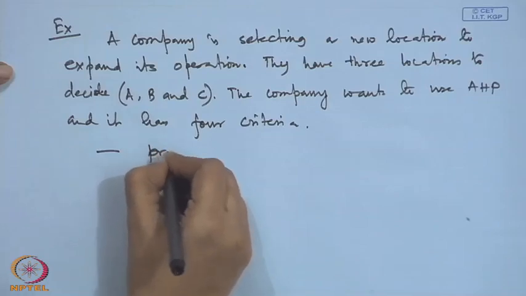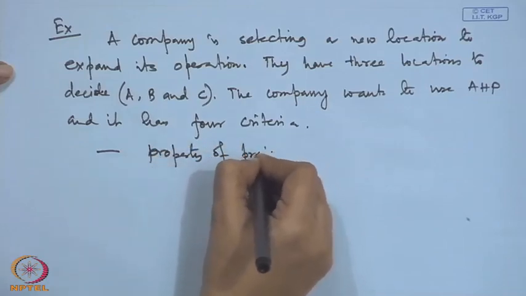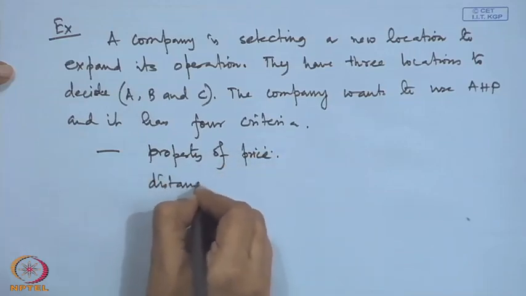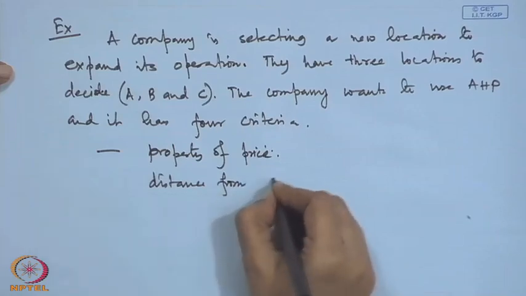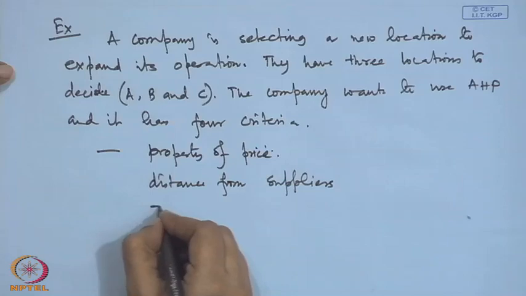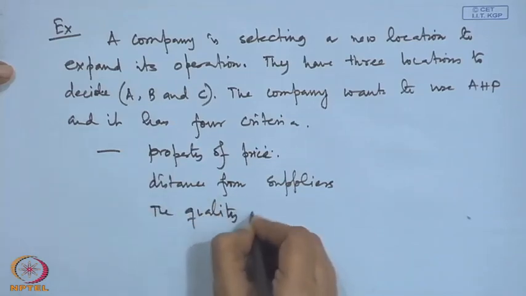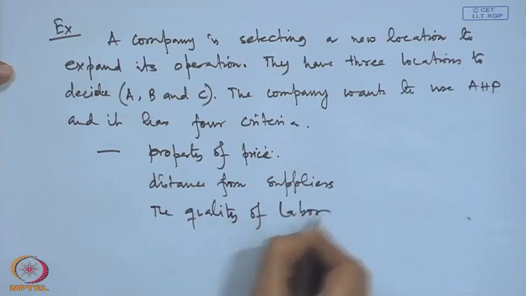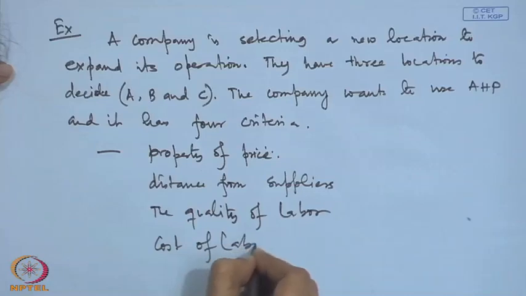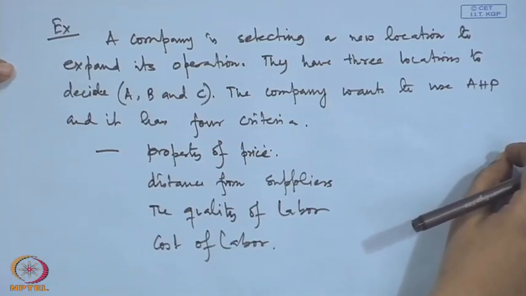One, it could be property price, second it could be distance from suppliers, the quality of labor available in that location, and the cost of labor. These are the 4 attributes we are considering.